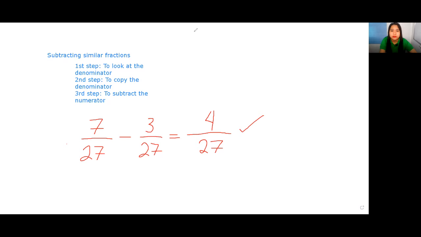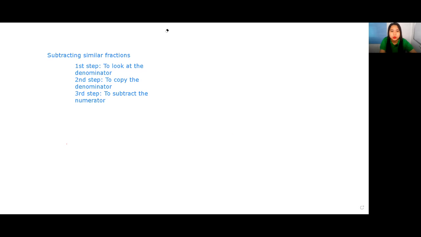What if we have a mixed number? Okay, let's erase this one. So what if we have a mixed number, 3 and 3/5 minus 2 and 1/5?